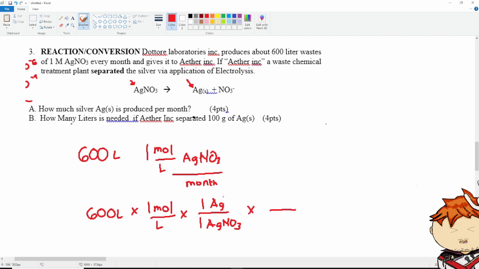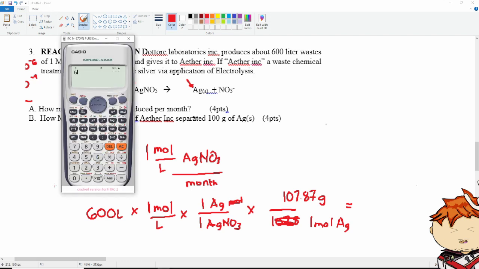And in order to get the mass, this is moles, right? 1 mole of silver is 107.87. Let's check the periodic table. Molecular weight of silver: 107.87 grams.